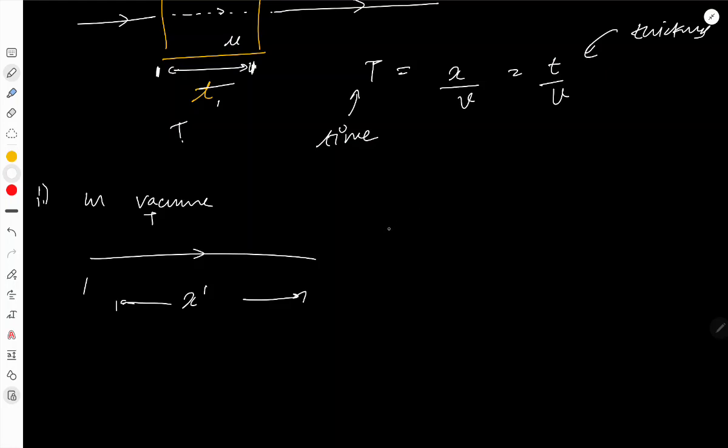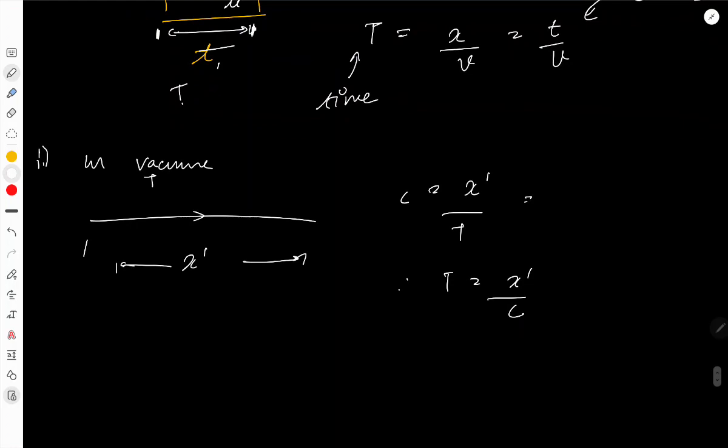And so again the velocity would be c, displacement per unit time. So from here, T would be equal to x dash by c, and x dash can be T into c.